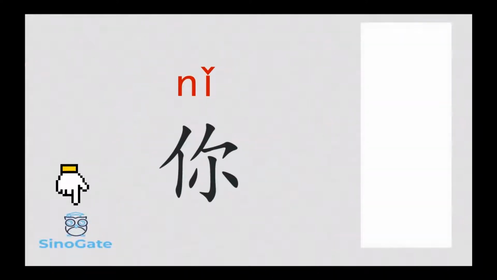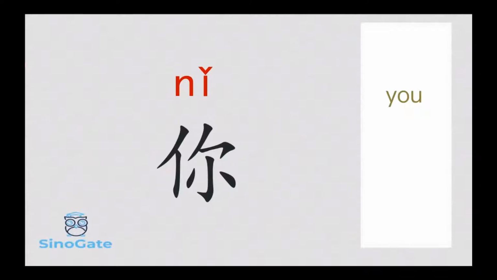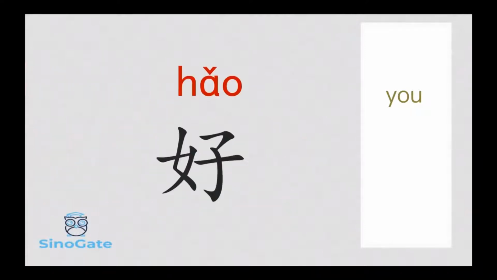First one. 你 means you. The first pronoun we got, you. 你. And second one, 好. 好 means good.